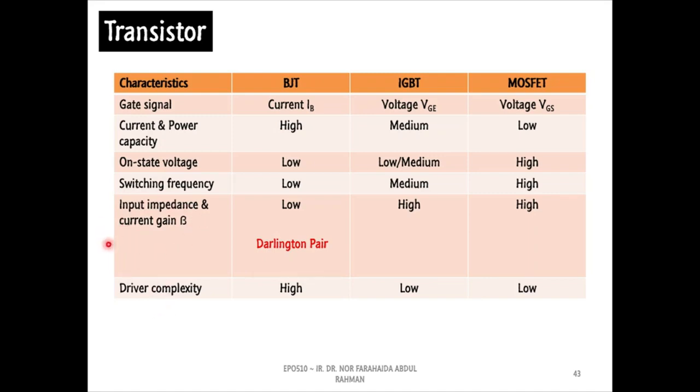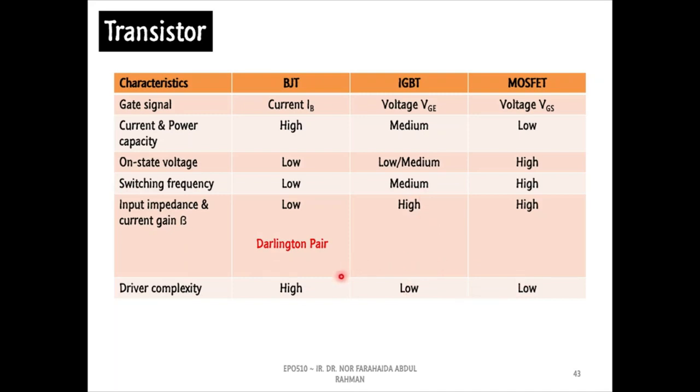Regarding the current gain, we can see that only BJTs have low current gain. It is because BJTs are current control devices. As a result, the driver circuit of BJTs is more complicated and it has a higher current rating as compared to IGBTs and MOSFETs.